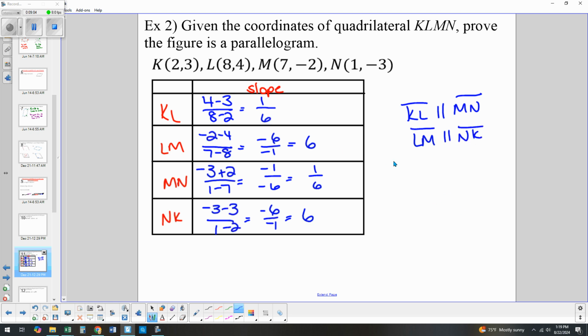So overall, KLMN is a parallelogram because both pairs of opposite sides are parallel. We also could have said because of the definition of parallelogram, but I tend to write exactly what it is that I found, and I found both pairs of opposite sides are parallel.